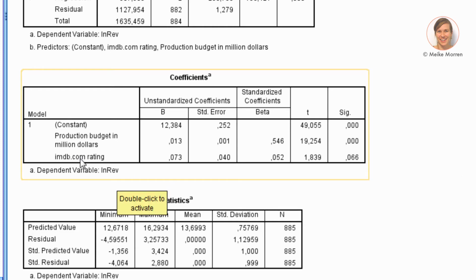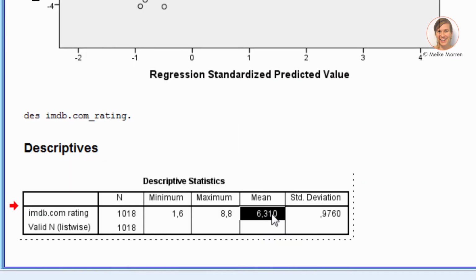And the other way around, a 1 point increase in rating leads to a 0.073 increase in log revenue for all levels of an increase in budget. So holding the budget constant. Yeah, this is the ceteris paribus rule. It is where you include several variables in your equation. It means that the effect of one variable signifies an increase in that variable, holding the other variables constant.